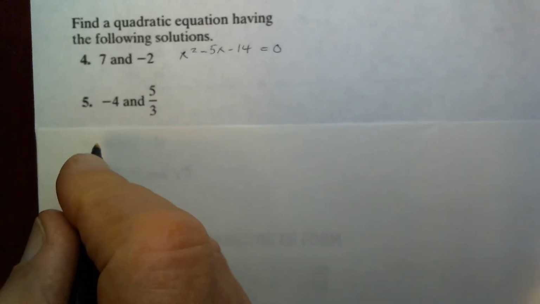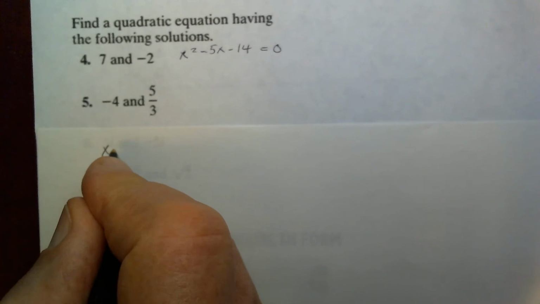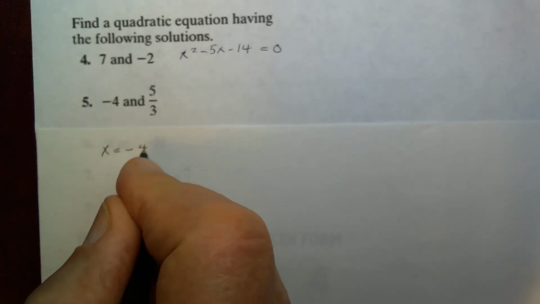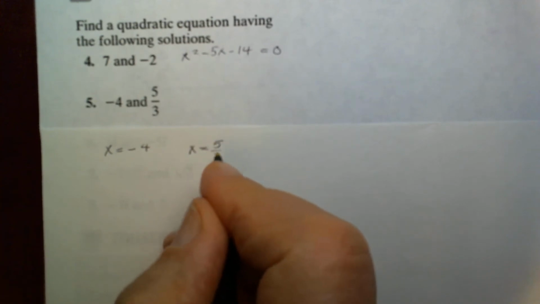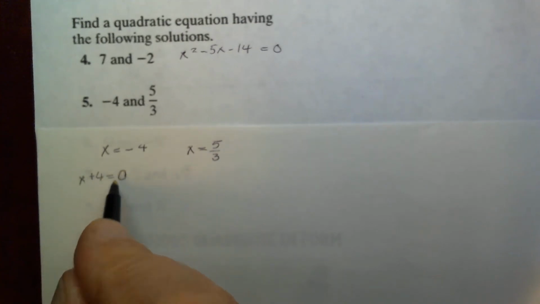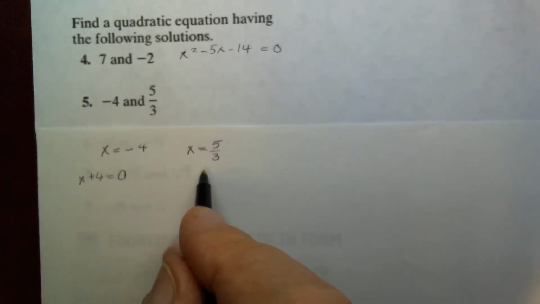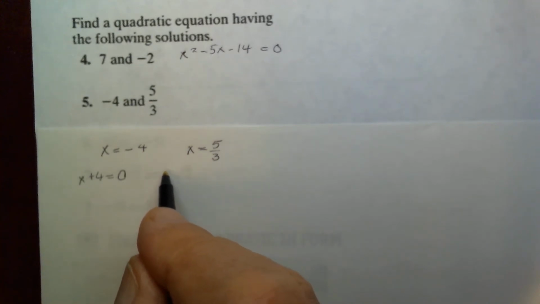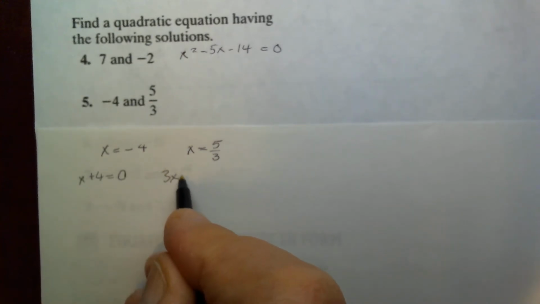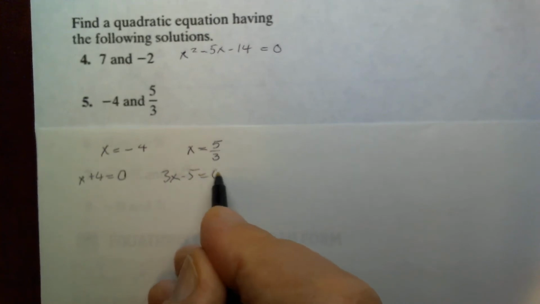For number 5, we have x equals negative 4 and x equals 5/3. So that means x plus 4 equals 0, and this would be the same as 3x equals 5, or 3x minus 5 equals 0.